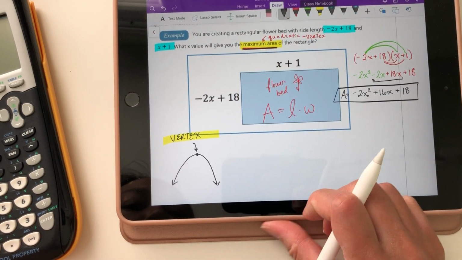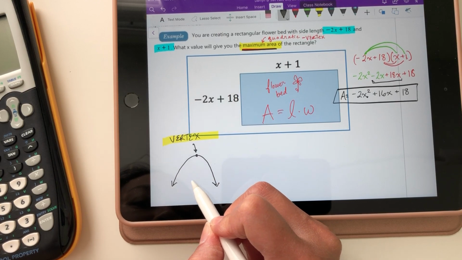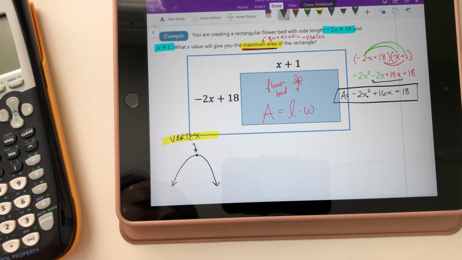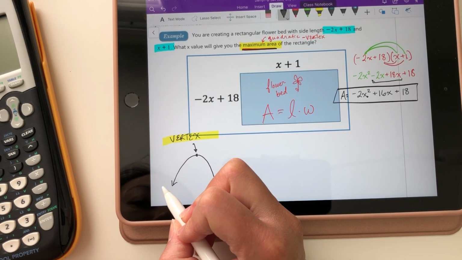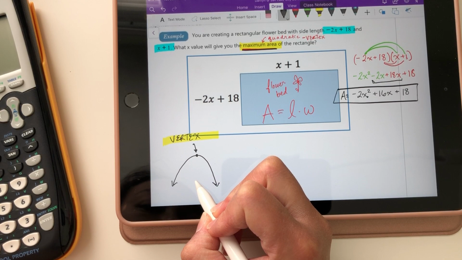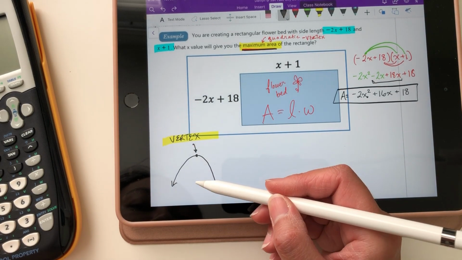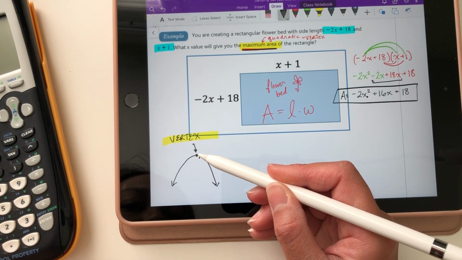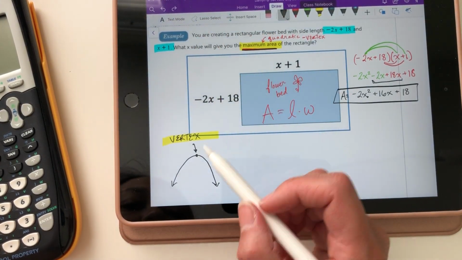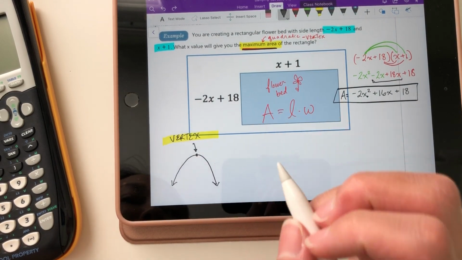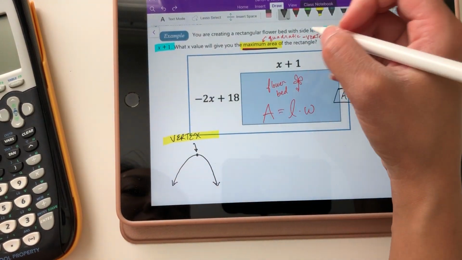Okay, so we know that this has an x value and a y value because all points on a graph have an x value and a y value, okay? If I were to ask for what point gives the highest value, what x value gives you the maximum, that would be asking for the x value. But if I'm asking for what is the maximum area, then that means I'm actually asking for the y value of the vertex.